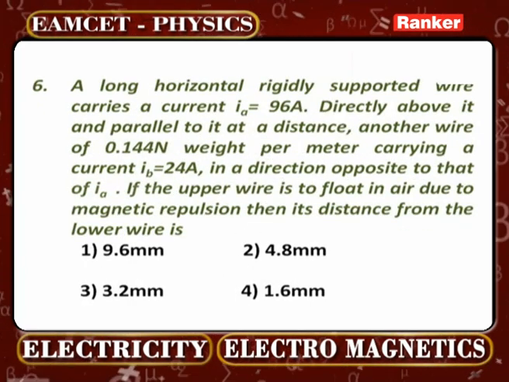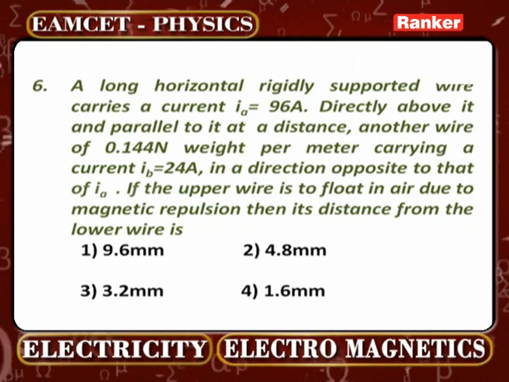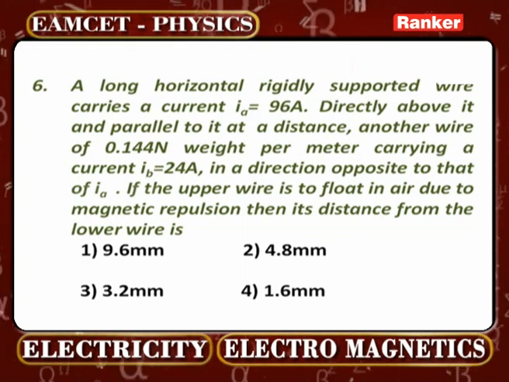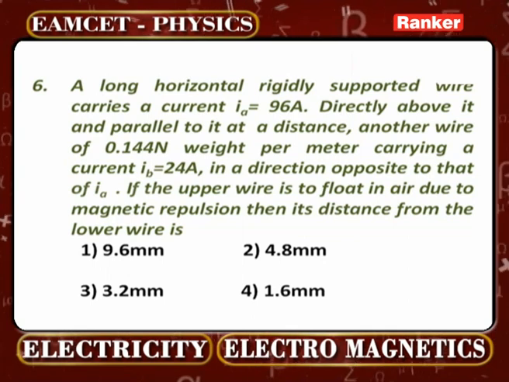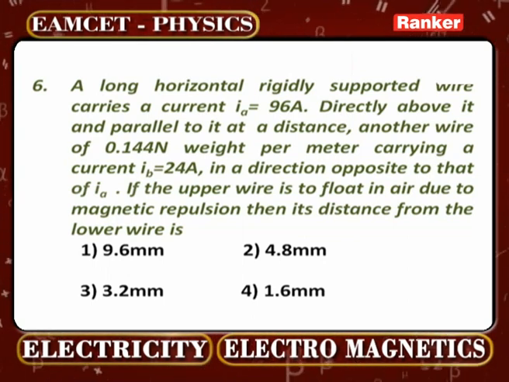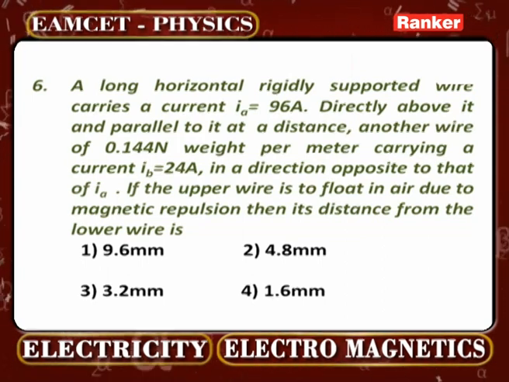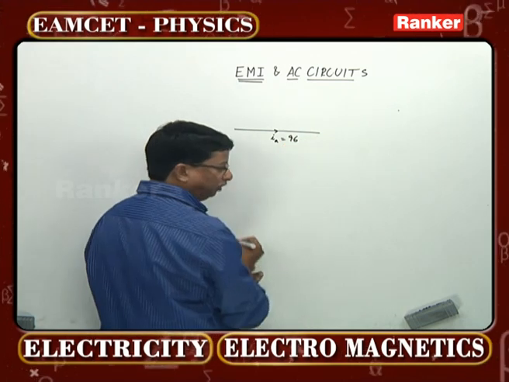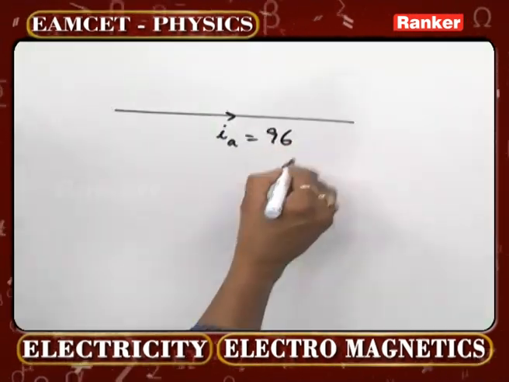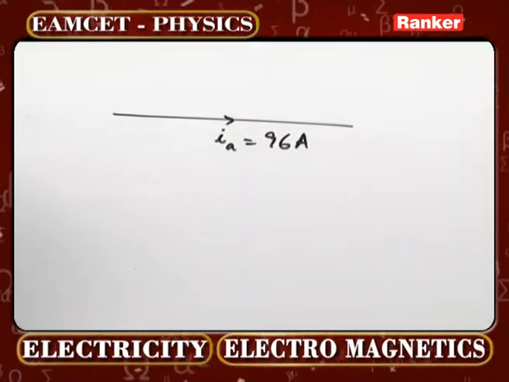A long horizontal rigidly supported wire carries a current IA equal to 96 ampere. You can directly understand what is mentioned over there. First of all, there is a horizontal wire like this. It is carrying a current IA, 96 he gave, that is the value in ampere. Now what did he say?